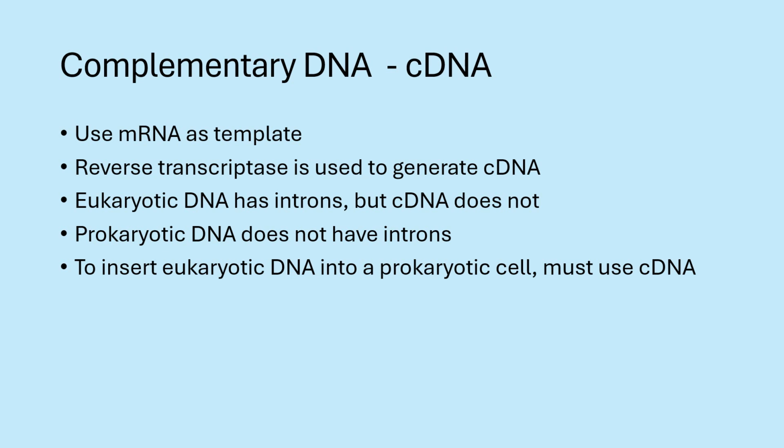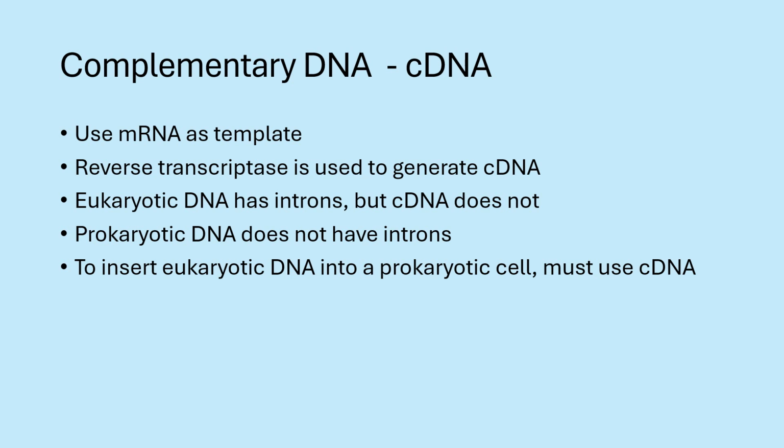Prokaryotic cells don't. So what they realized, the way around that was, you take the original eukaryotic DNA that contains the gene of interest. You let transcription occur so that you get the mRNA, the mature mRNA, after all the extra splicing has been done.